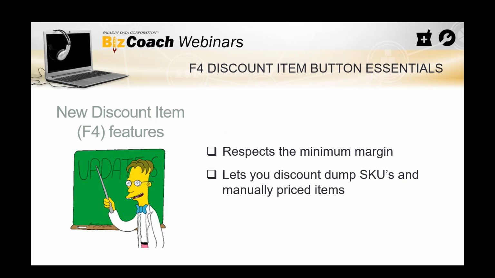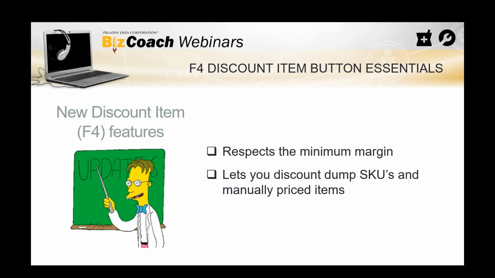Before it didn't. Now, the cool thing about this is that minimum margin, as I was mentioning in the previous slide, is normally a number you set for your entire inventory. Well, now you can set it per department. So your lumber items, your building materials, your paint, your other items where you might have varied acceptable minimum margins, you can now set that up per department.